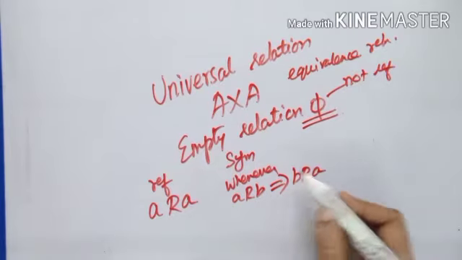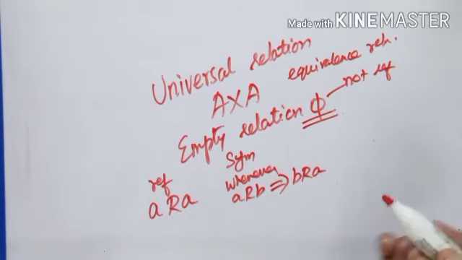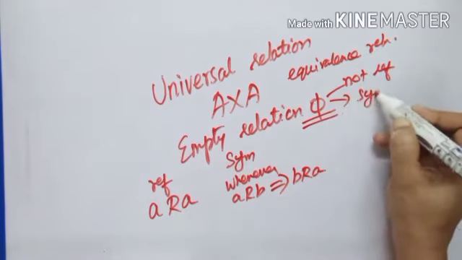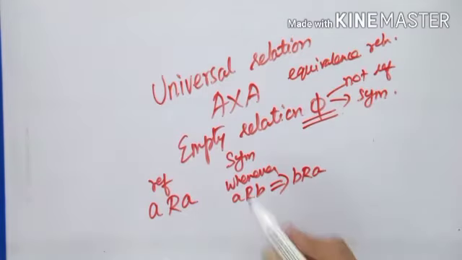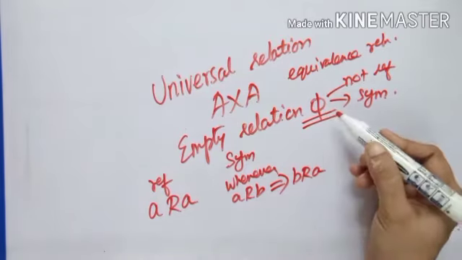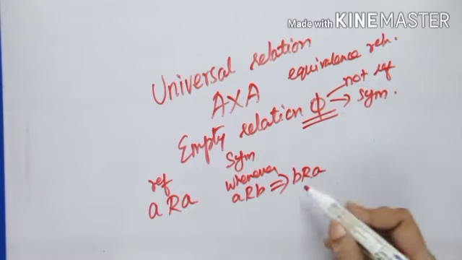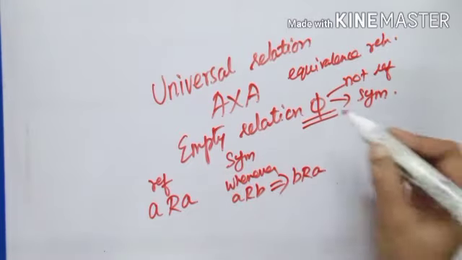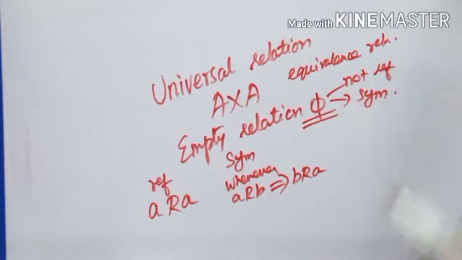In that case, this implication is vacuous. So, I will say this is symmetric. Whenever A is related to B, I want to show B related to A. A related to B is not available, so I need not show B related to A. So, the empty relation is always symmetric.